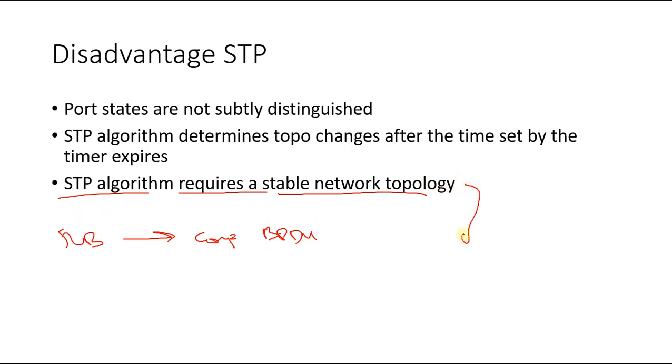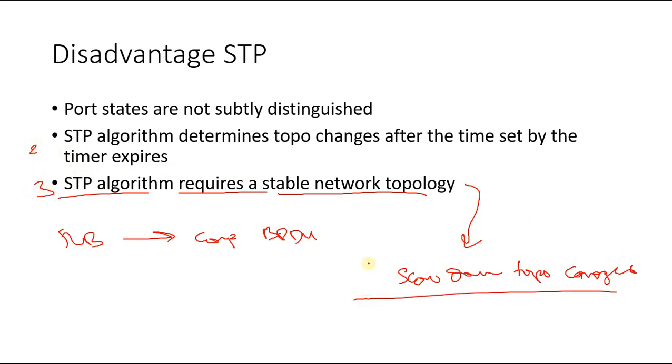This also slows down the topology convergence. So point 2 and point 3 both slow down the topology change. That's why it is not recommended to use the STP anymore.